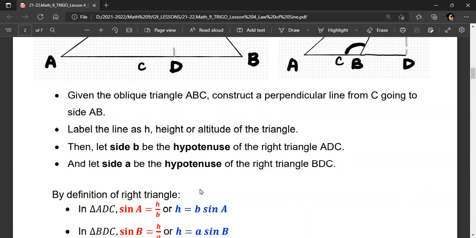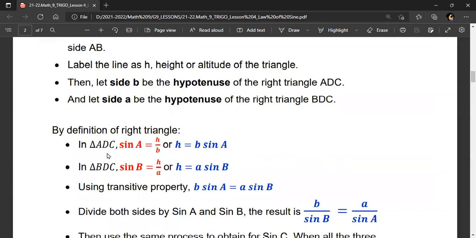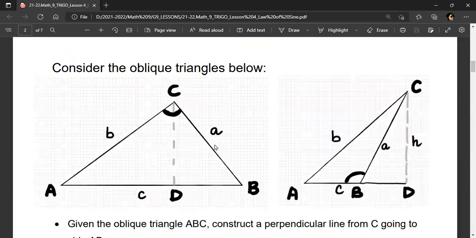Now, as we have the definition of a right triangle here, in triangle ADC, sine A is equal to h over b. Why is it h over b? Simply because of its height. The dashed line here is considered the height of the triangle.